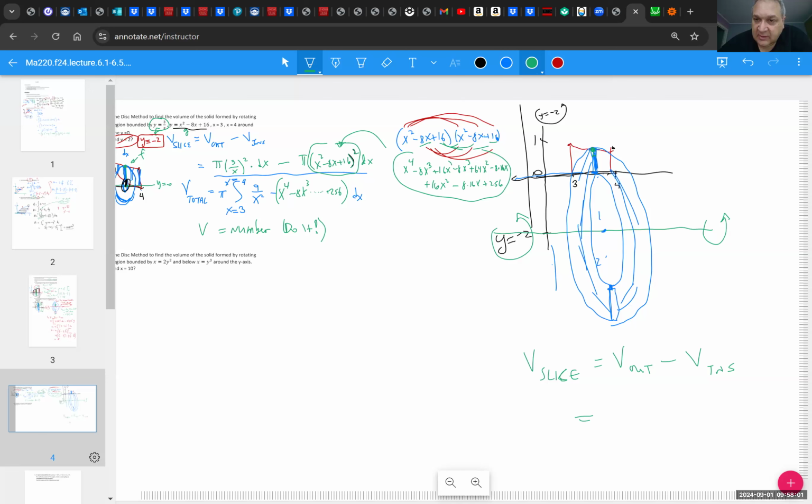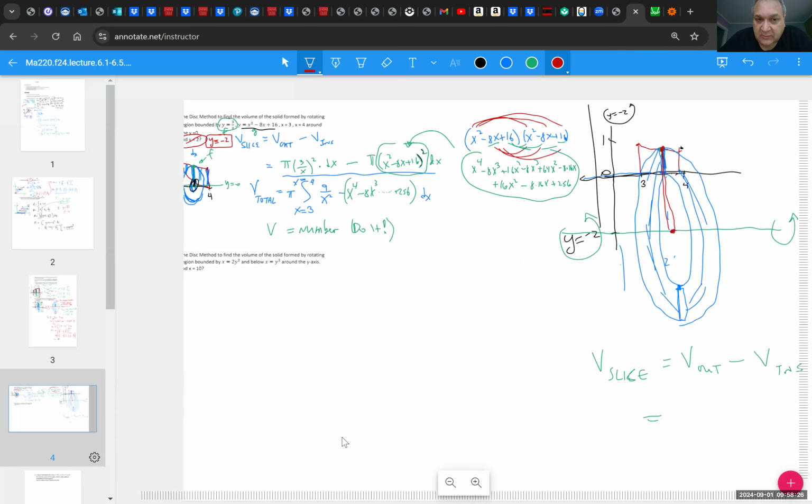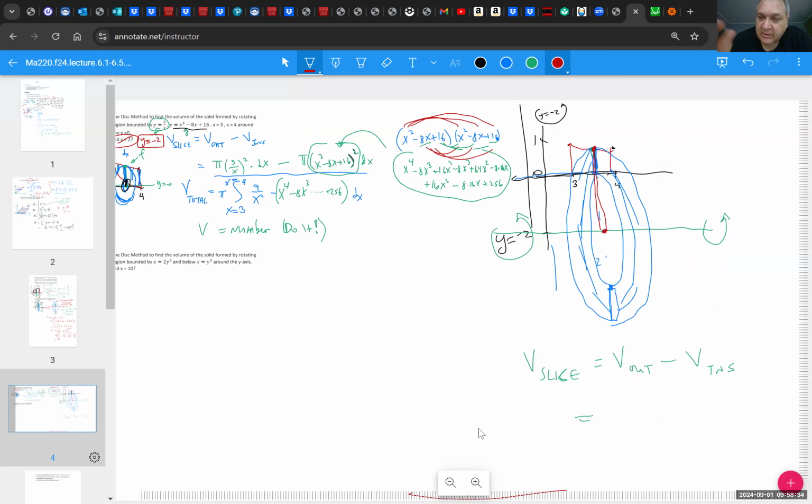So the big radius goes, technically, from the axis of revolution, from the middle all the way to the outside of the region. So that goes from y equals -2 all the way up to this top part. And what is that top part? Well, if you remember from our previous thing, that's the f function. That's the 3/x function. So right here, this is my f function right up here.